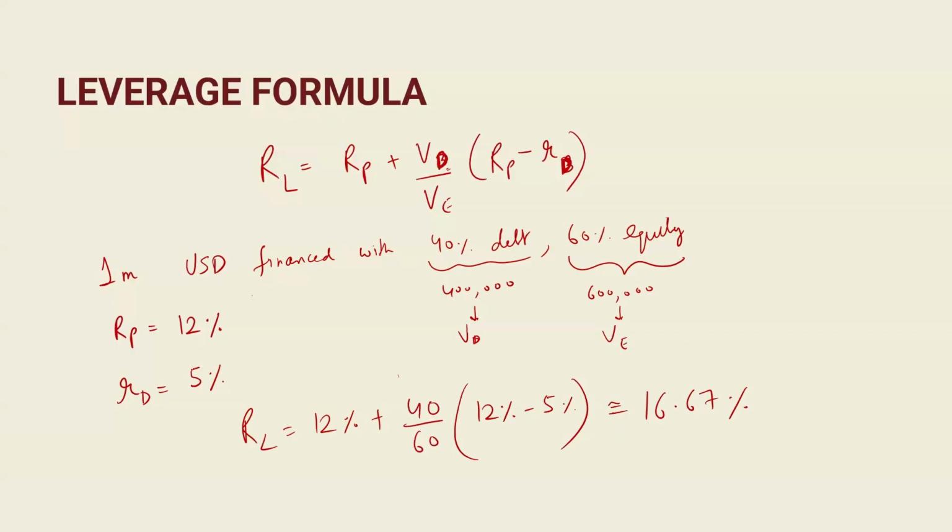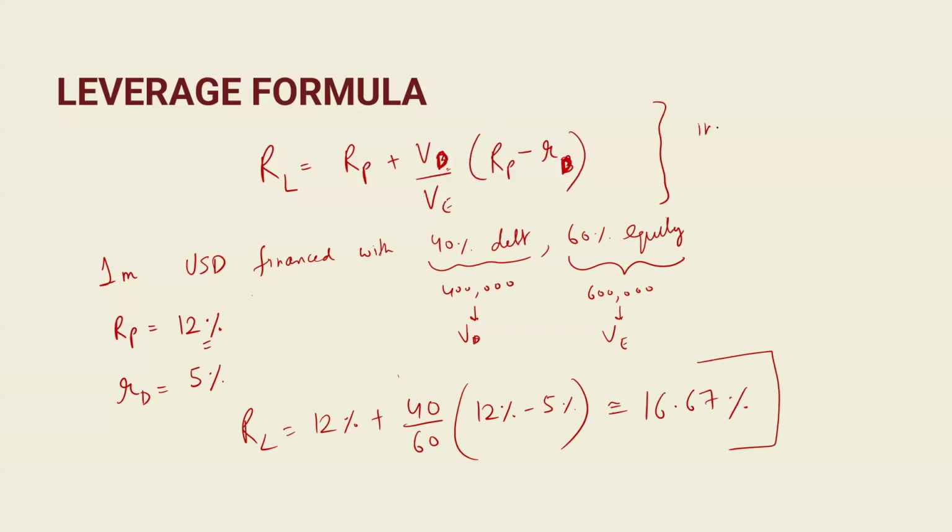The actual return on your portfolio was 12%, but since you borrowed it, you actually amplified your position, you leveraged your position with 40% debt, your actual return is much higher, 16.67%. Now, there are a few things to understand: leverage will increase your return only when your actual portfolio return or RP is greater than the cost of borrowing, which makes sense, right?